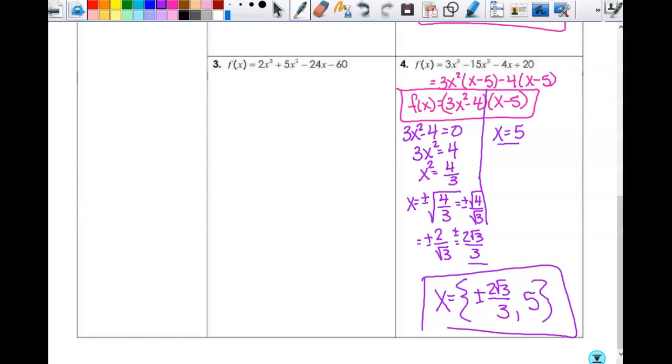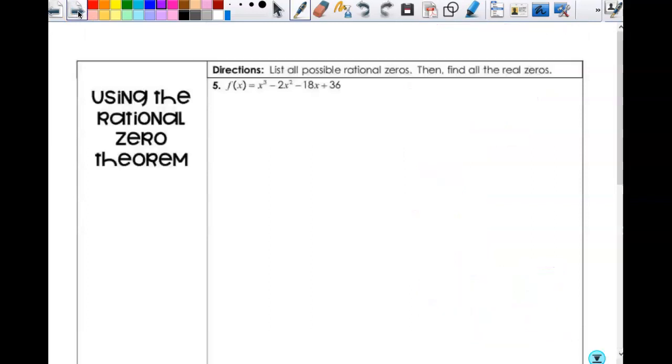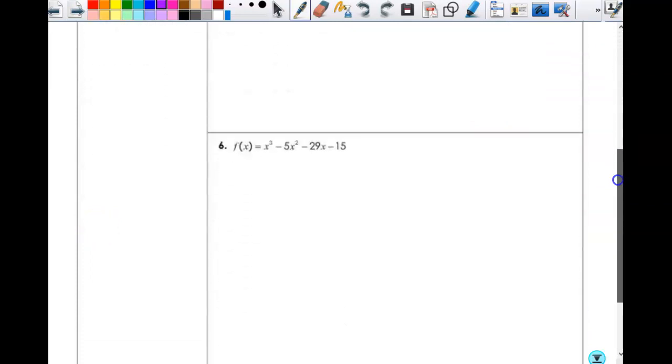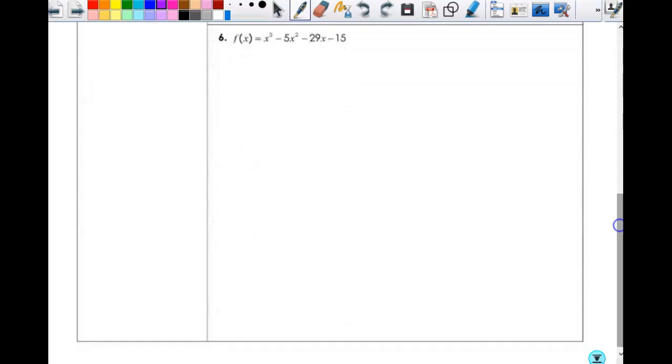All right, flip this over. We are only going to do number 6. We're doing some of the same things we did yesterday, but then also having to find the irrational parts of this. So we have to start off by listing all of our possible rational real zeros.